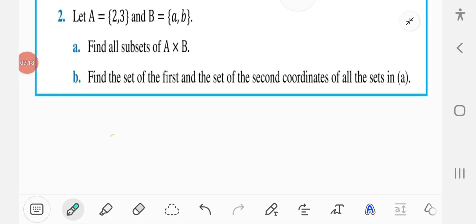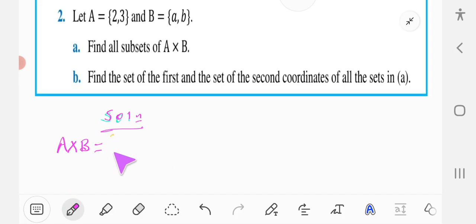Okay, students, we have said that A is the set containing the elements 2, 3, and B is the set that contains elements a, b. Therefore, we are asked to find, let's see, the solution here. We are asked to find A cross B. How can we calculate A cross B?